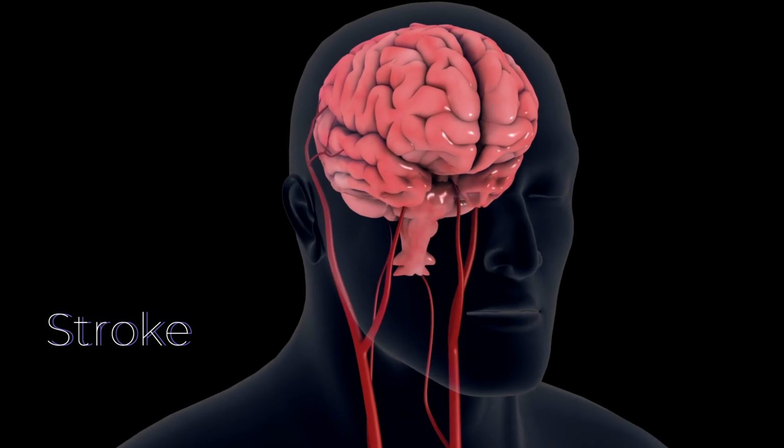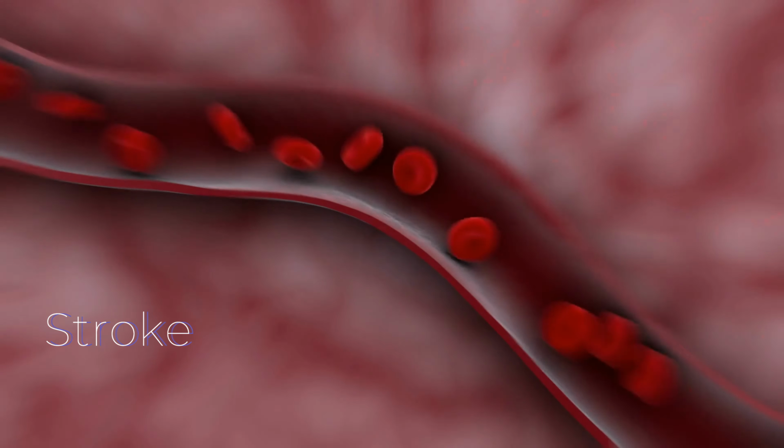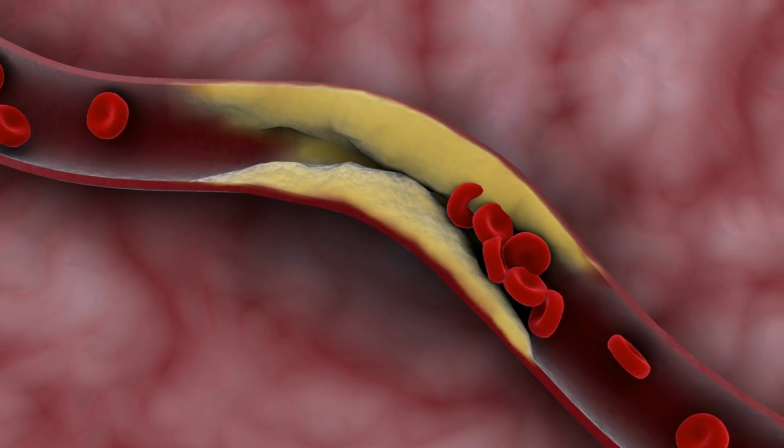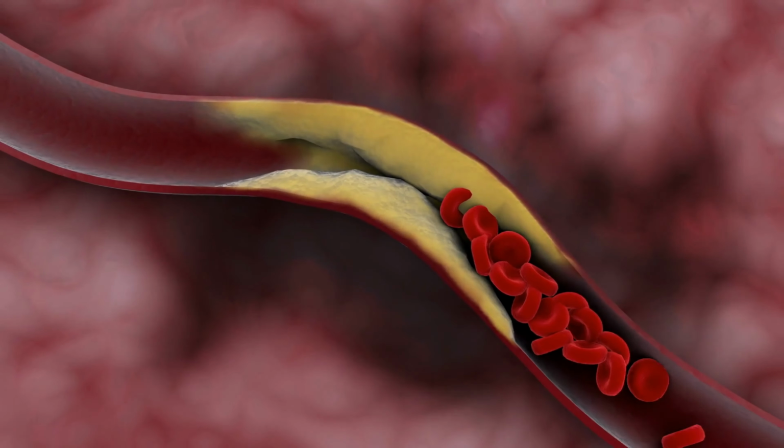A stroke occurs when the blood supply to part of the brain is interrupted or reduced, preventing brain tissue from getting oxygen and nutrients. Brain cells begin to die in minutes.